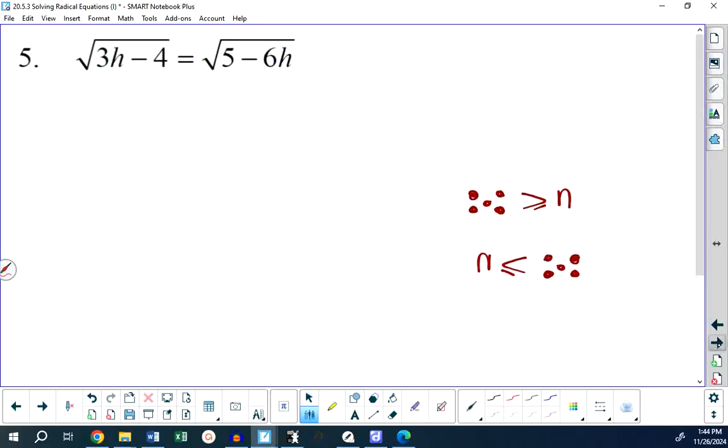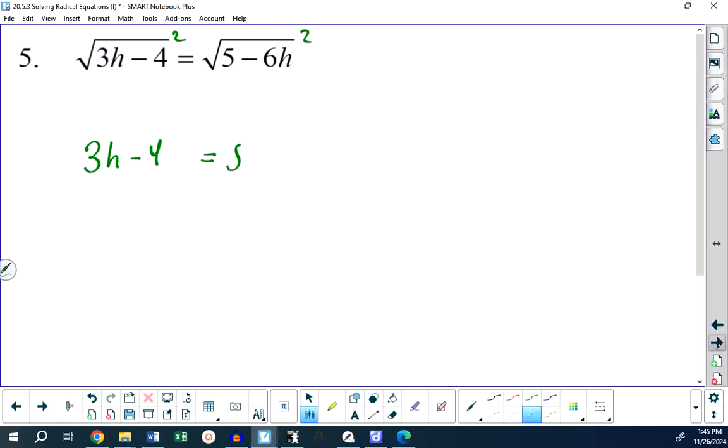What about 5? How on earth do I do this? Well, we're lucky because it's a radical equals a radical, so I can just square both sides. If I square both sides, I get 3h minus 4 equals 5 minus 6h, which means 9h.